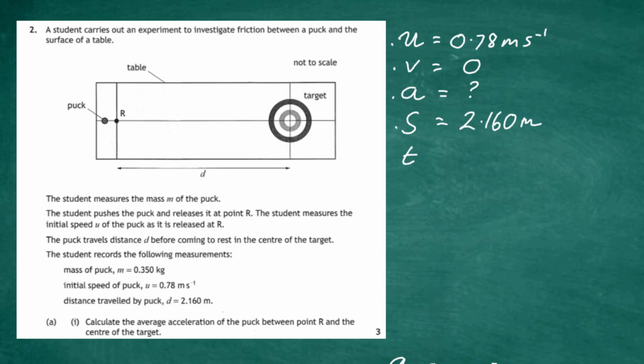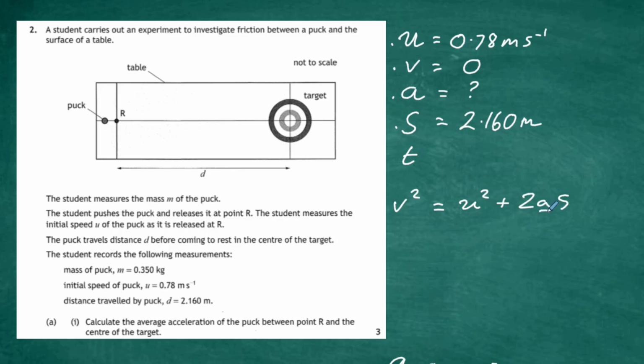So we look up our relationship sheet and find a relationship which has all those 4 characters in it, and we end up with v squared equals u squared plus 2as, the kinematic equation with no time involved. We have to rearrange to find a.